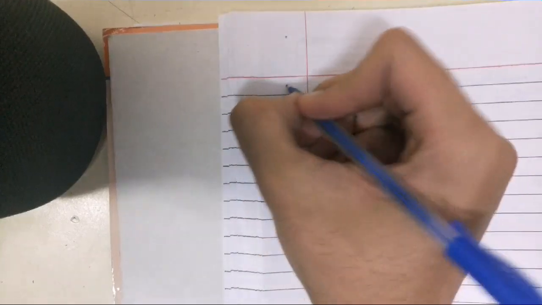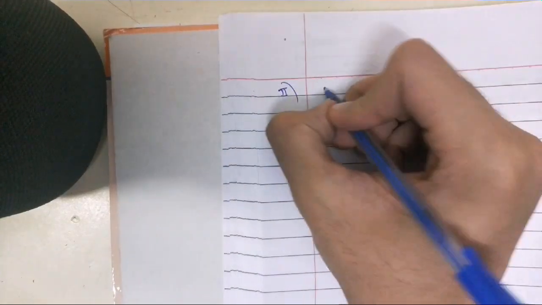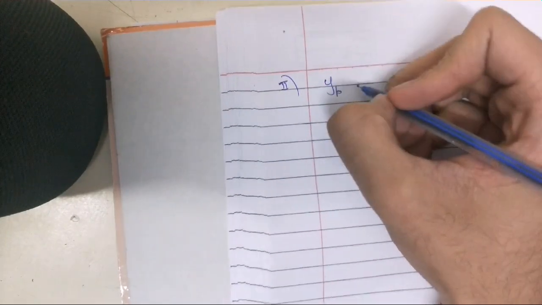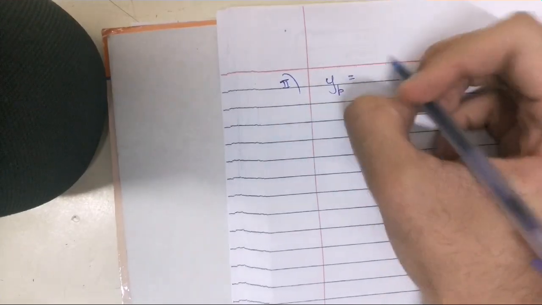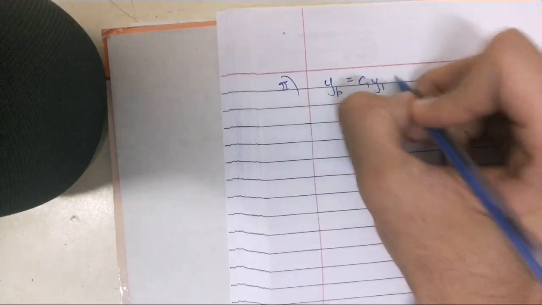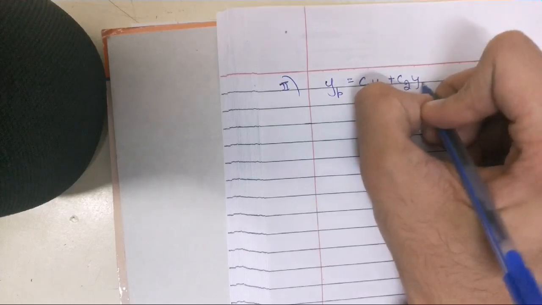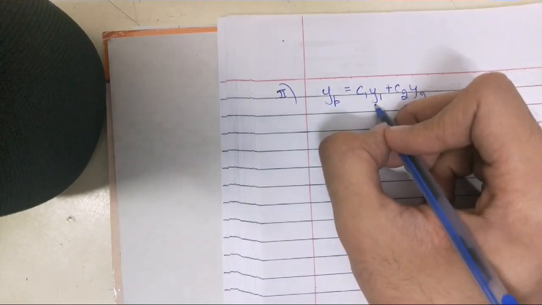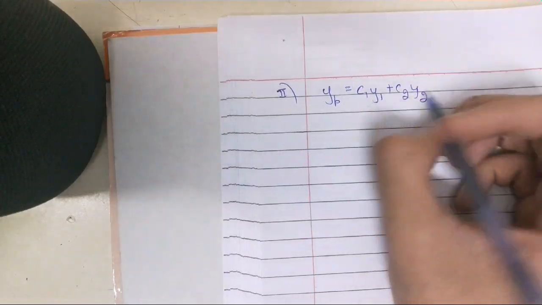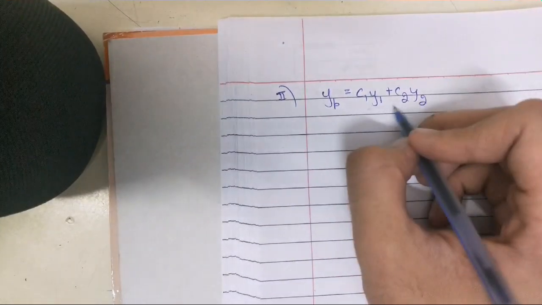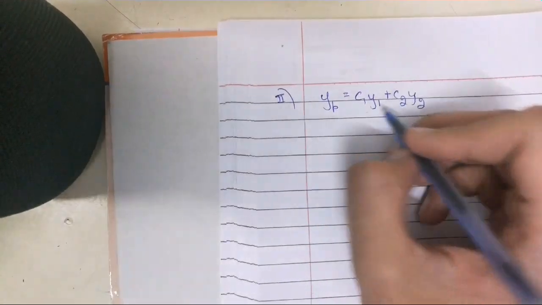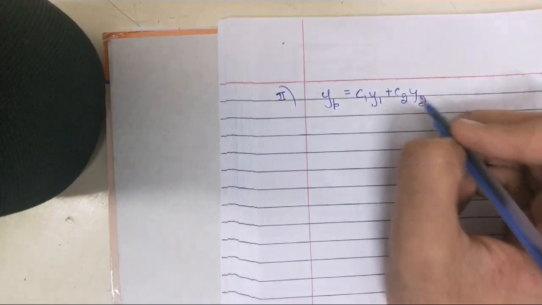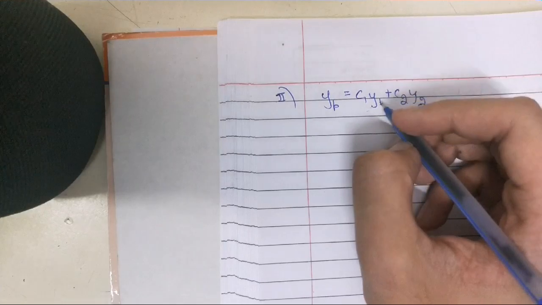Right. Now, for the case of yp, that is the particular solution as given by Lagrange, this is given by the formula C1 y1 plus C2 y2, where y1 and y2 are the solutions of the homogeneous equation that we had just calculated, cos 3x and sin 3x.